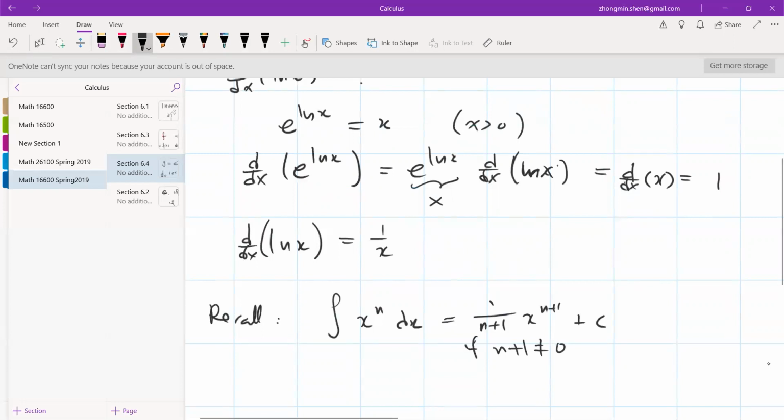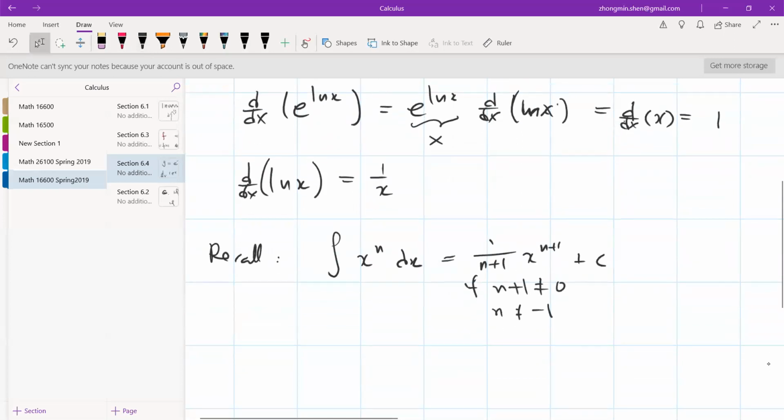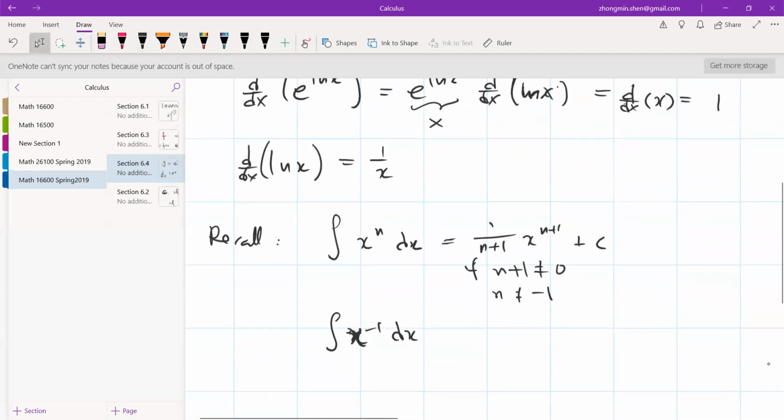So that means n is not negative 1. So what happens to this one? We cannot use the above formula.